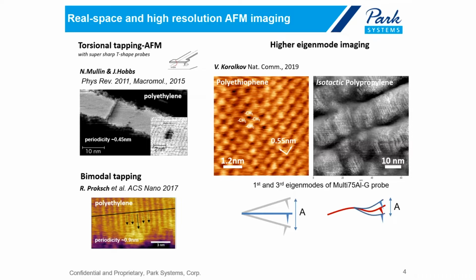For instance, the sketch here on the right shows the motion of a cantilever now in the third Eigen mode. So the actual part of the cantilever that moves becomes really small. And instead of using, for instance, a 200 micron cantilever, it shortens down to around 15 or 20 microns.